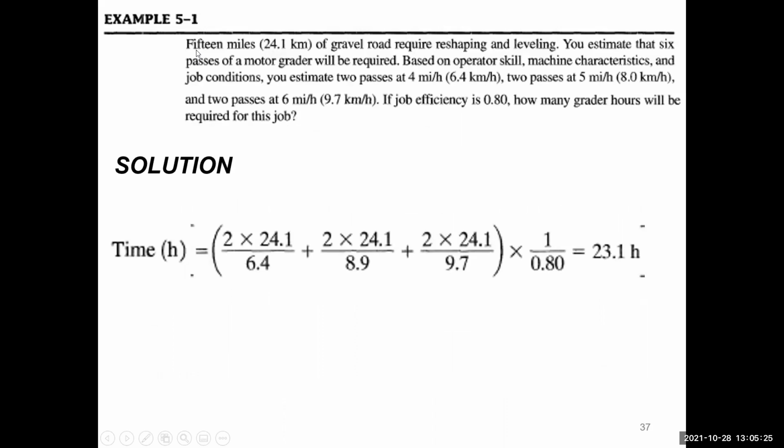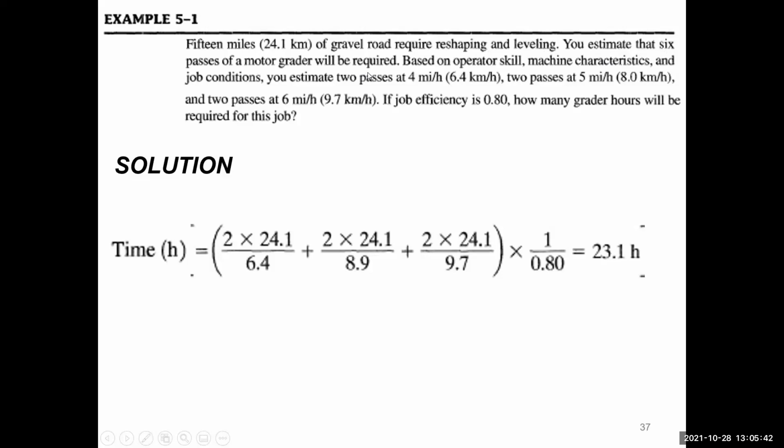You can see that 15 miles, which is about 24.1 kilometers of gravel road, requires reshaping and leveling. You estimate that 6 passes of a motor grader will be required.